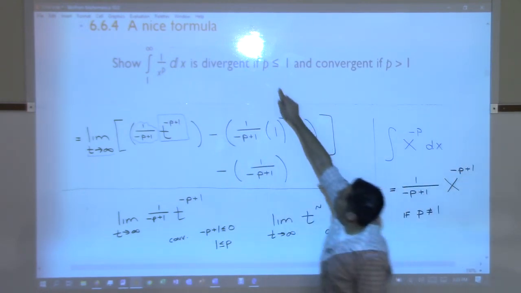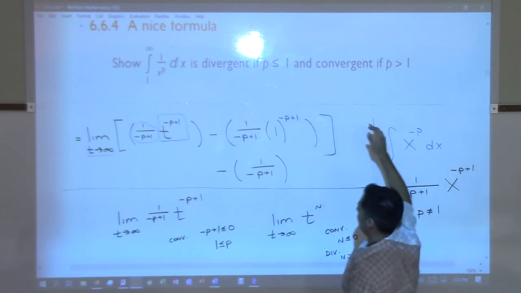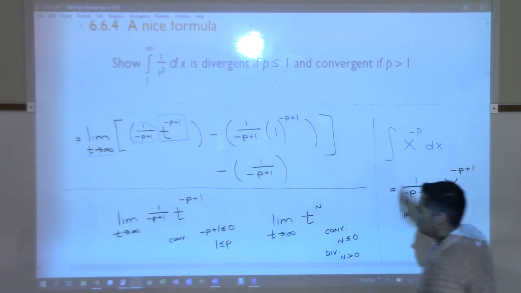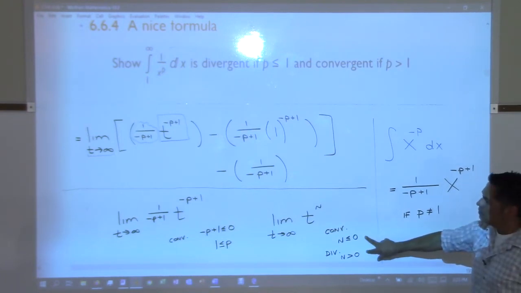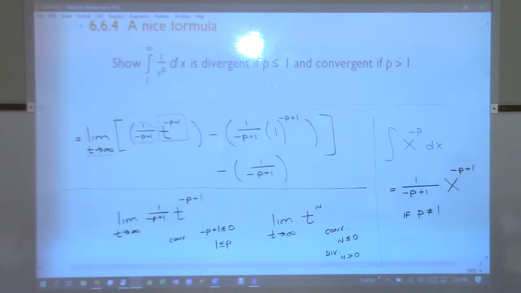So haven't we shown that... hold on. What happened? Was it backwards? Is this backwards? No? Oh, I know what the issue is. If you think that p equals 1, wouldn't that make that undefined?